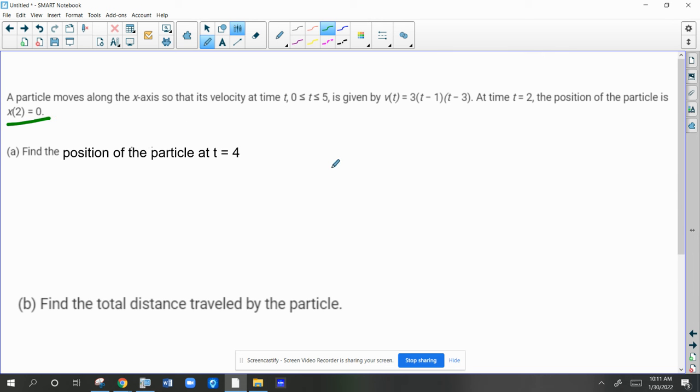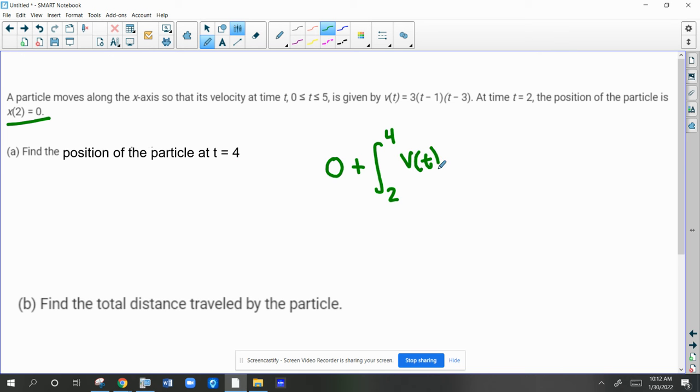So we're starting at 0. You don't have to write that obviously, but if it were anything other than 0, you would. And we had to add its net distance to its starting position from the time we're starting, t equals 2, to the time we're trying to get to, t equals 4.